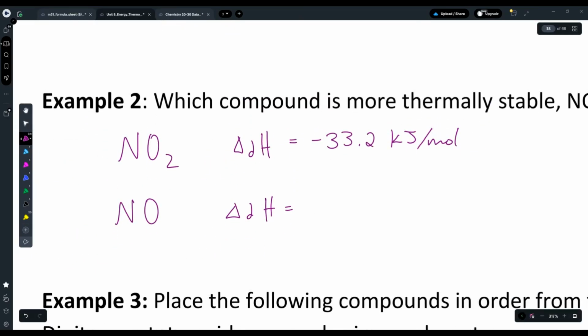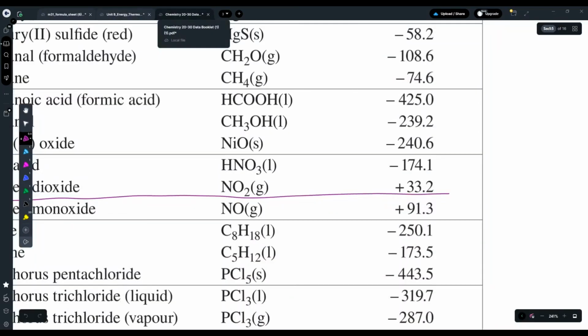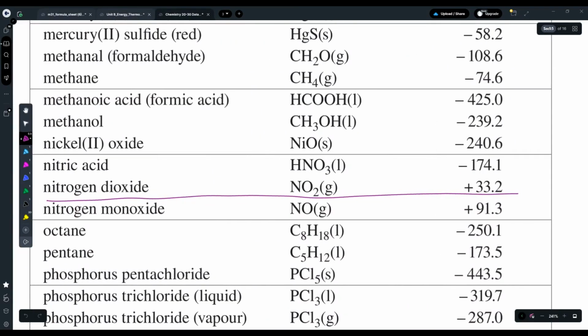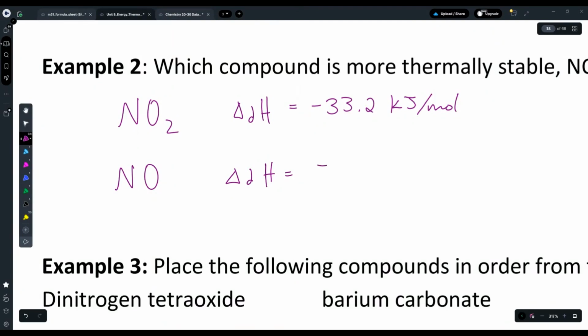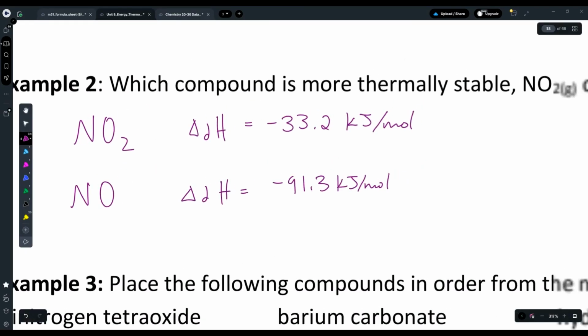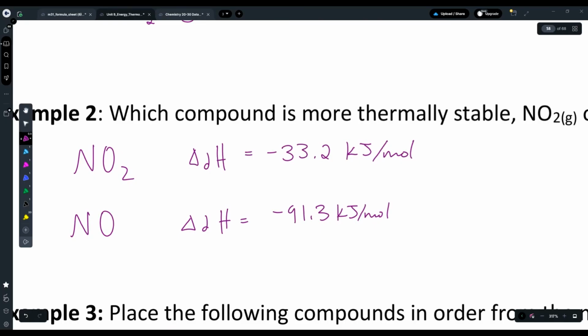Okay, now for nitrogen monoxide, so that's just right underneath nitrogen dioxide. That was positive 91.3 for molar enthalpy of formation, so we just flip the sign. That's going to be negative 91.3 kilojoules per mole. Okay, so we got to ask ourselves, which one is the bigger number?